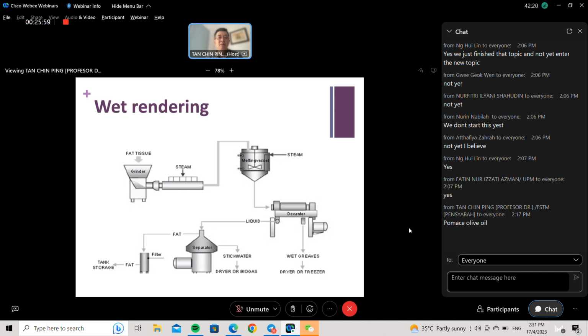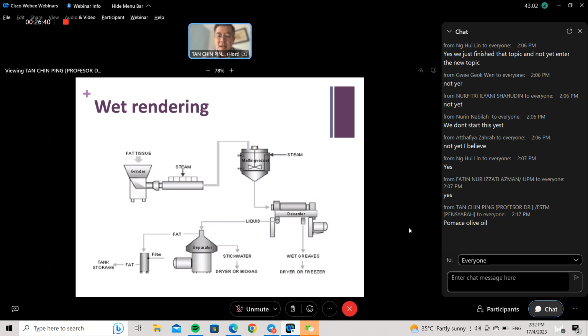While the fat will eventually require a further filtration system to remove those particles that are not separated in the decanter or separator, because those are small, tiny protein particles from lean meat. You require filtration so that the fat will look off-white and nice, and consumers like the white without light brownish or dark color particles in those fat products.